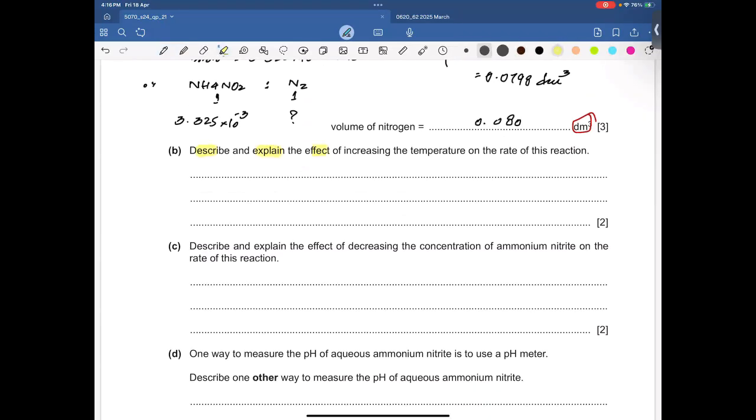Describe and explain the effect of increasing temperature on the rate of this reaction. As temperature increases, kinetic energy increases, effective collisions in a unit time increase, and obviously the rate of reaction increases.